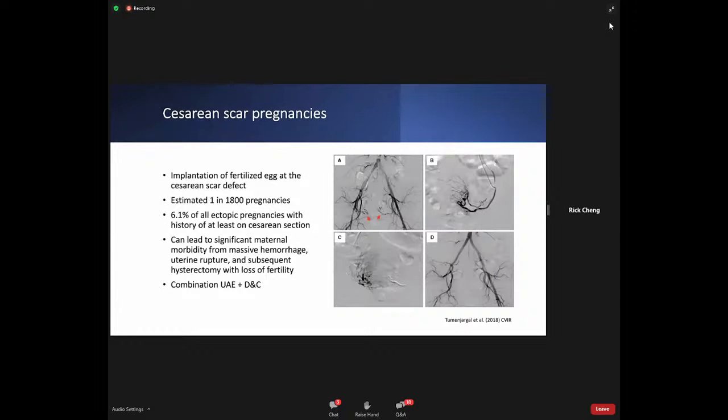Cesarean scar pregnancies are estimated to be 1 in 1,800 pregnancies, and can lead to significant maternal hemorrhage, uterine rupture, subsequent hysterectomy with loss of fertility. Therefore, some centers have performed a combination of prophylactic uterine artery embolization prior to D&C. This would be an example on the right here.